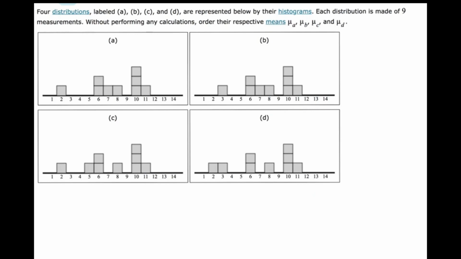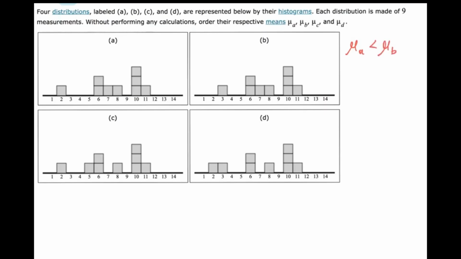This difference of 1 unit, where here I see a 2 in distribution A versus 3 in distribution B, makes the mean of the first distribution smaller than the mean of the second distribution. I can conclude, therefore, that mu sub A is less than mu sub B.